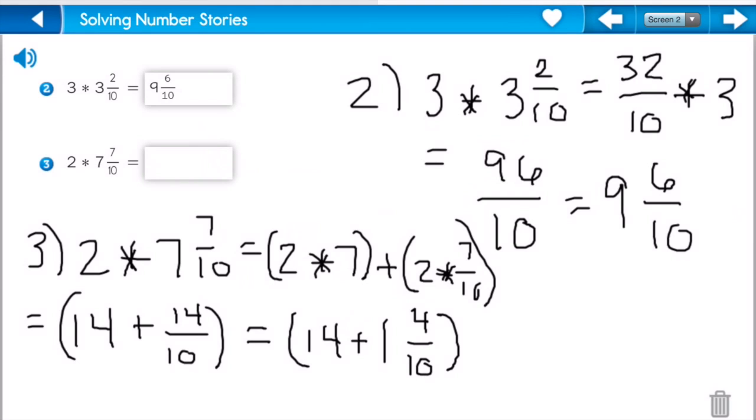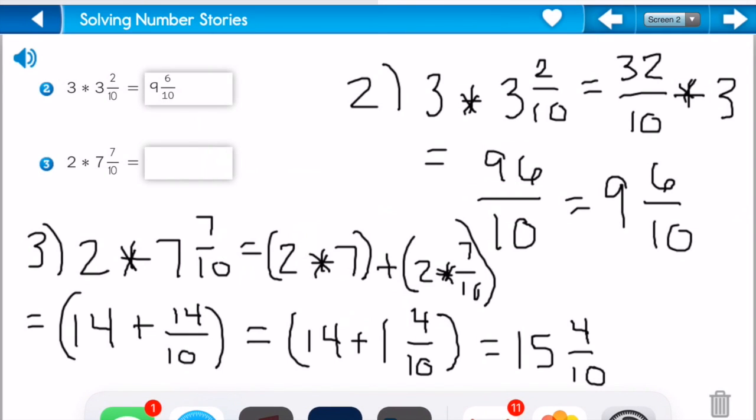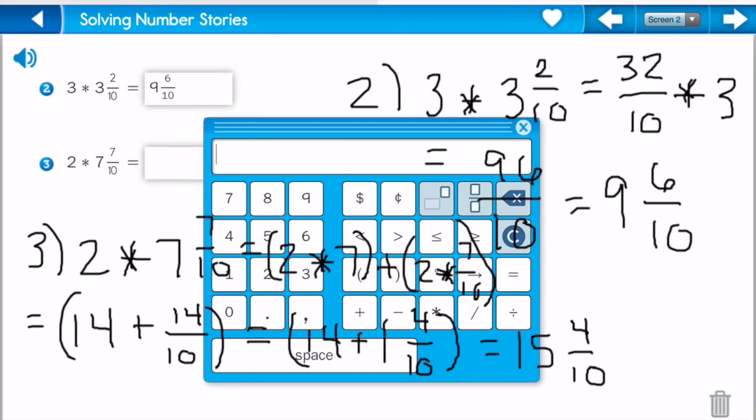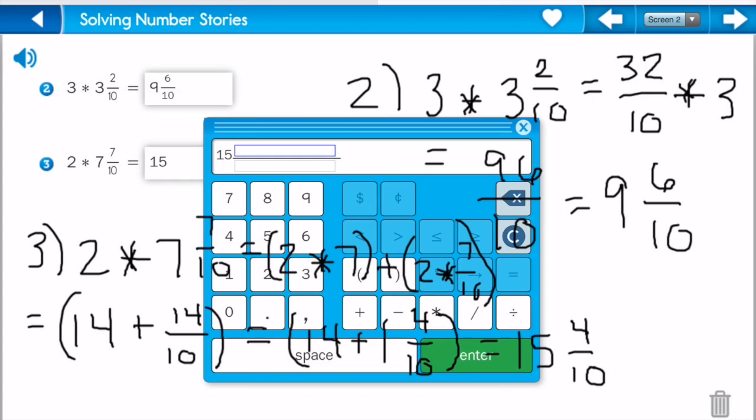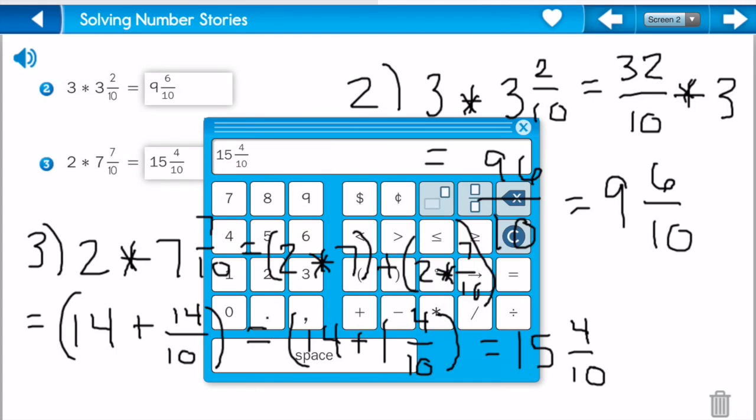And so 14 plus 1 and 4/10 would equal what? It would equal 15 and 4/10. So our answer would be 15 and 4 over 10.